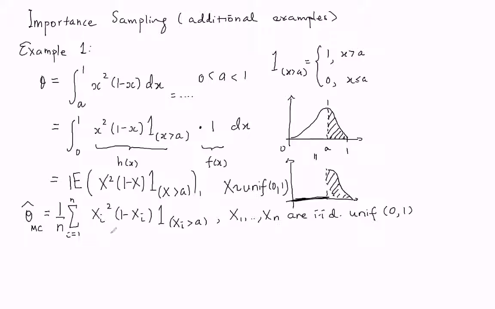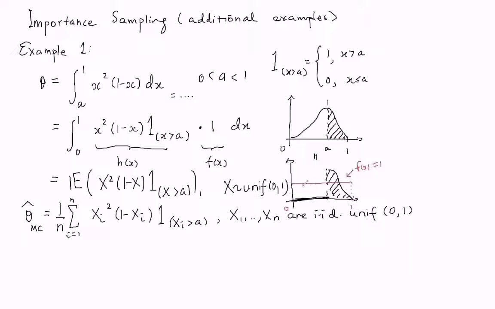Now, this estimator has a kind of problem. Let's say I superimpose a uniform, okay? Somewhere like this. This is the uniform, f of x equals 1, for example.